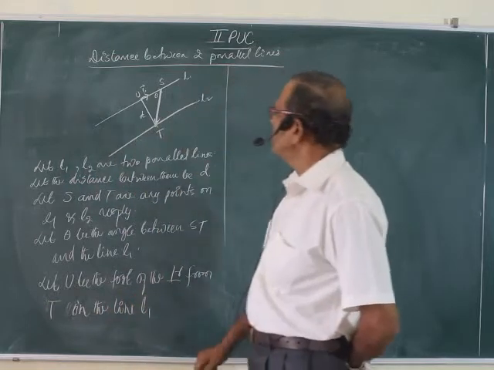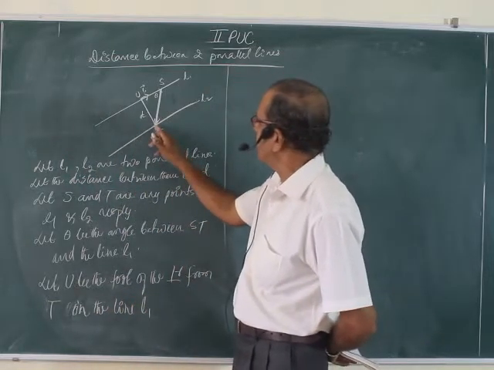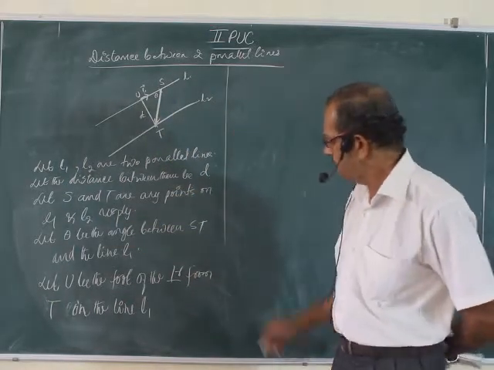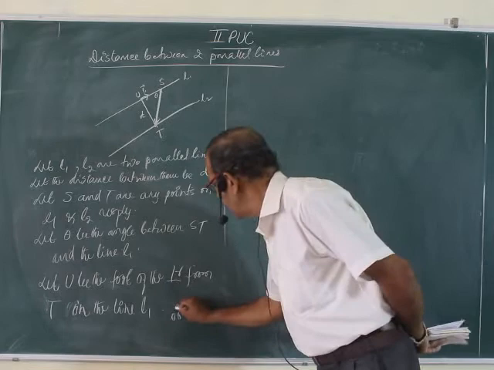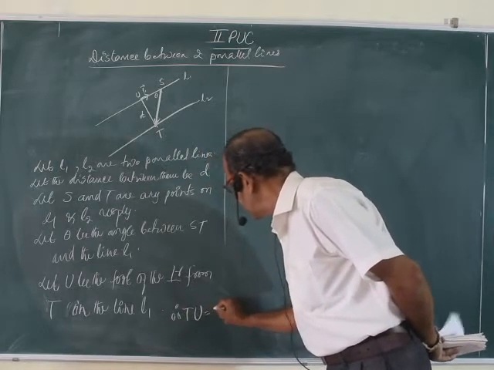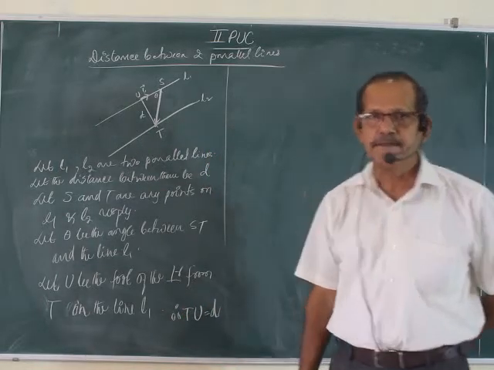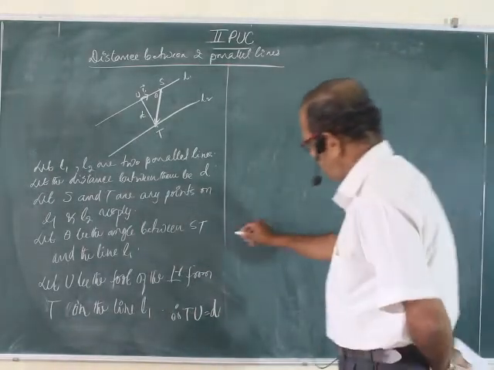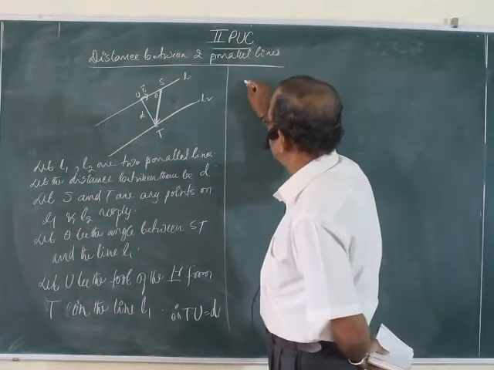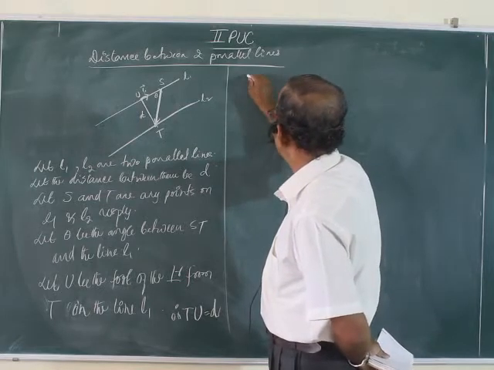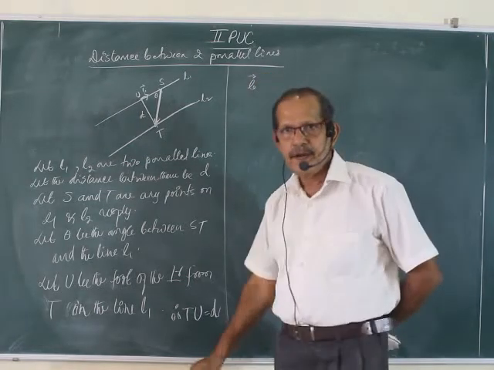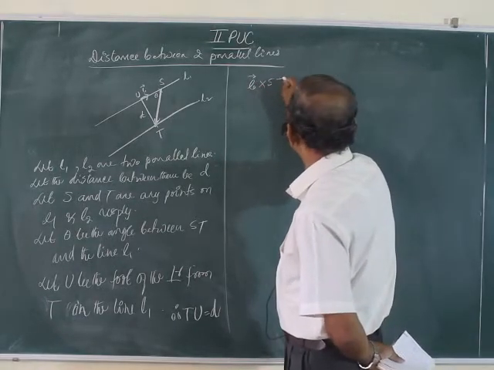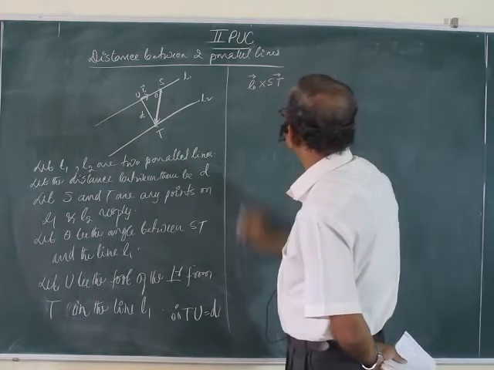U is the foot of the perpendicular from T to the first line L1. Therefore, TU is actually the required distance D. Now, find vector B cross ST. What do you get?